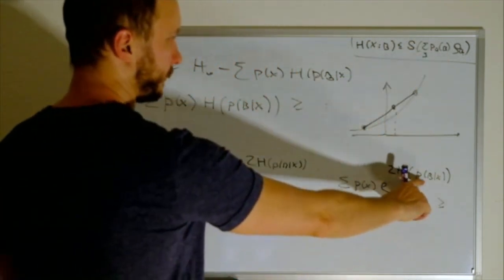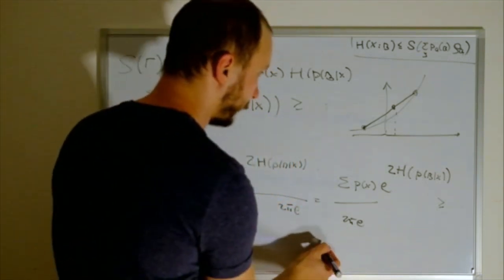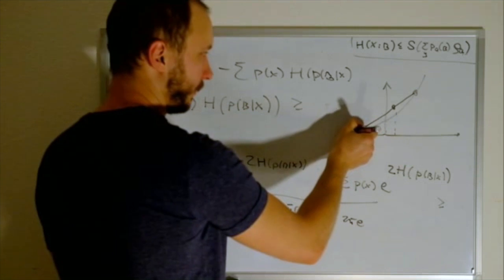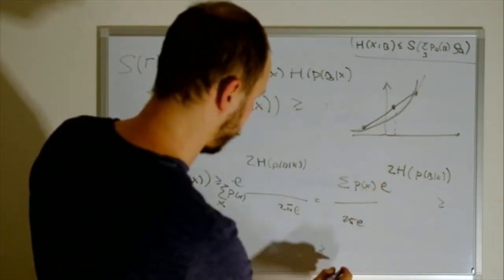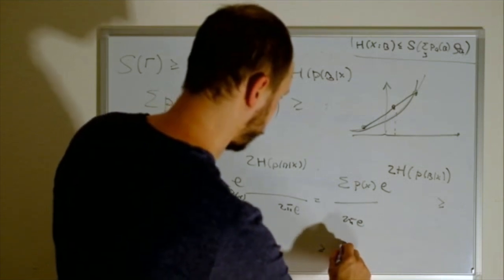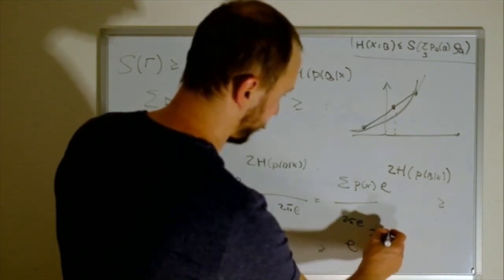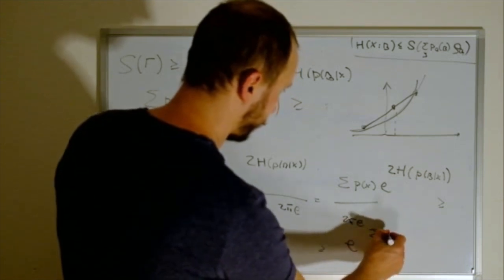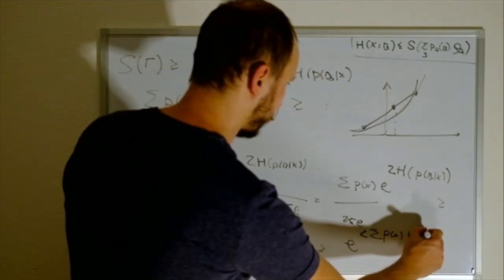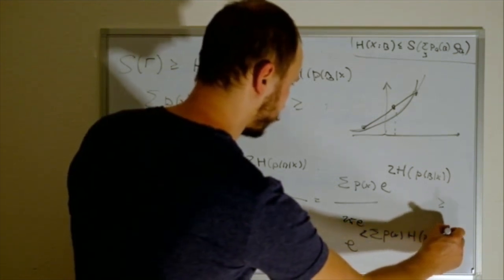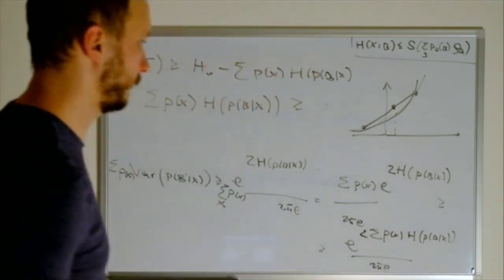The sum of the exponential of p for each value of x is clearly larger or equal, so it's always above here. So all the convex sums are always above just the exponential of the sum of p of x times 2 times entropy of p of x divided by 2πe, right?